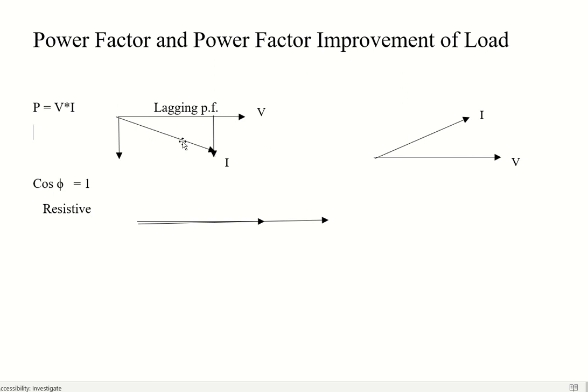See, this becomes a triangle. Can you see? This becomes a triangle, and here is an angle phi. So when you find it, this will be VI sin phi, and this line will be VI cos phi.